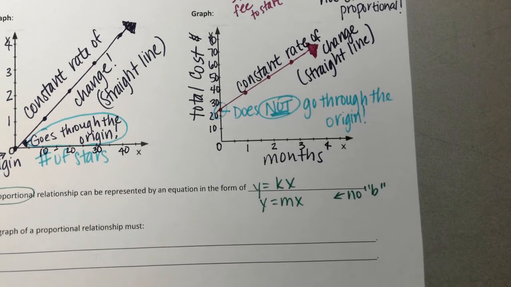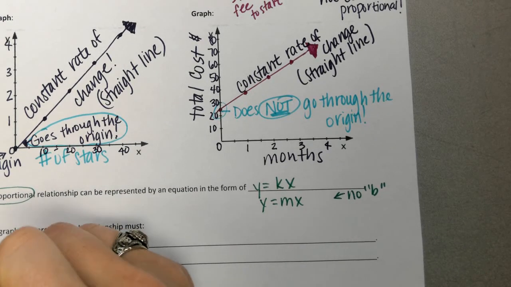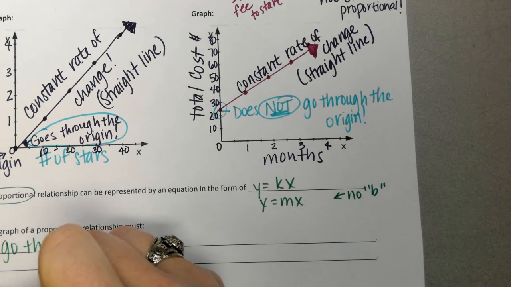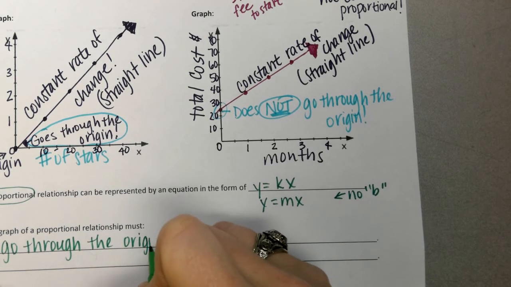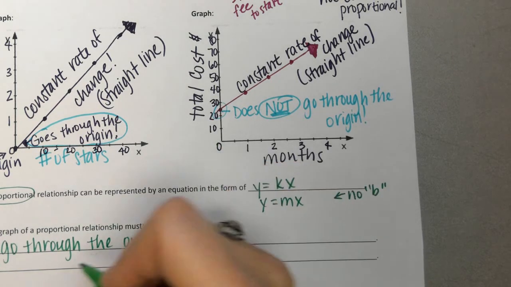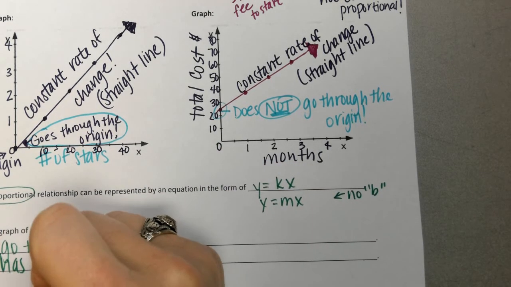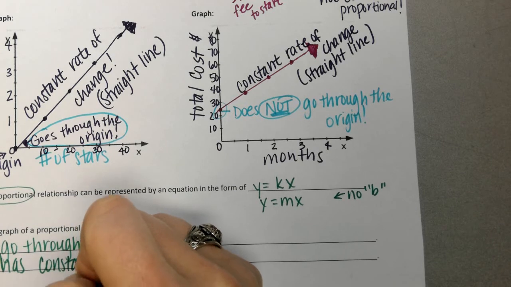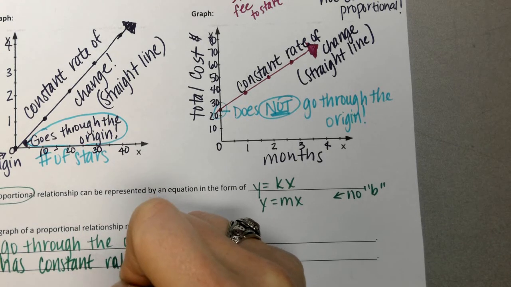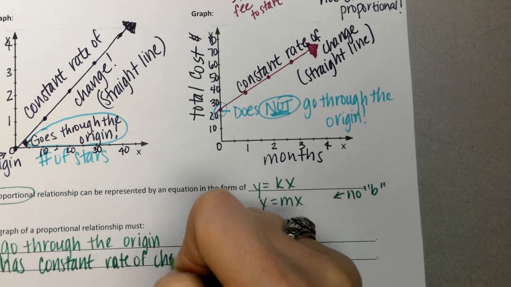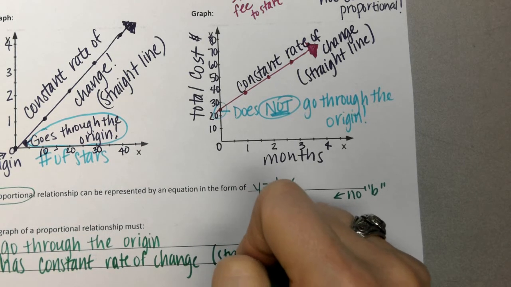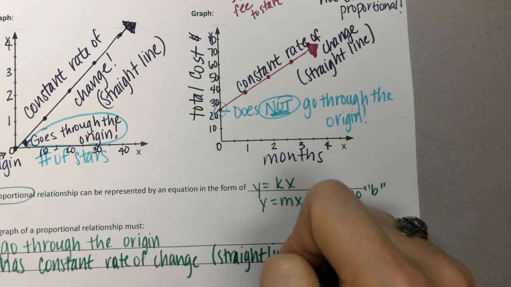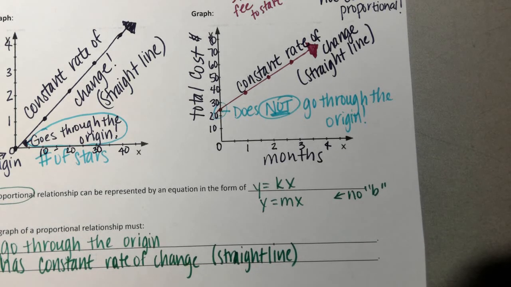So the graph of a proportional relationship must go through the origin, and has a constant rate of change. And we could tell that by a straight line. Right?